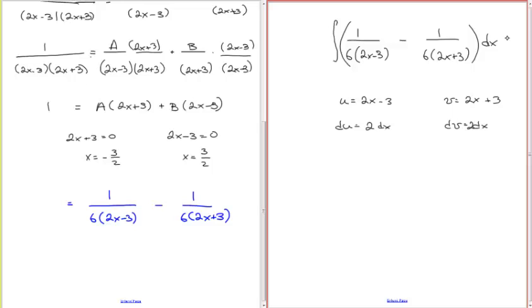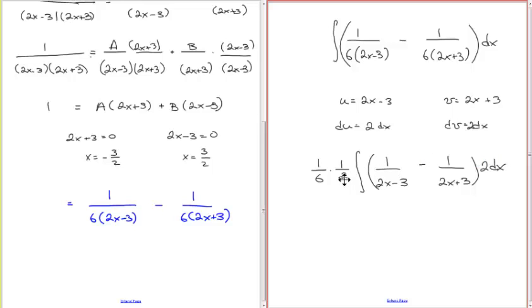So I'm going to rearrange this a little bit before we do the integral. I'm going to factor out the 1/6, and I'm also going to factor out a half, because I'm going to multiply by 2 to get 2 dx. So we'll end up with 1 over (2x minus 3) minus 1 over (2x plus 3), and that whole thing will be multiplied by 2 dx.